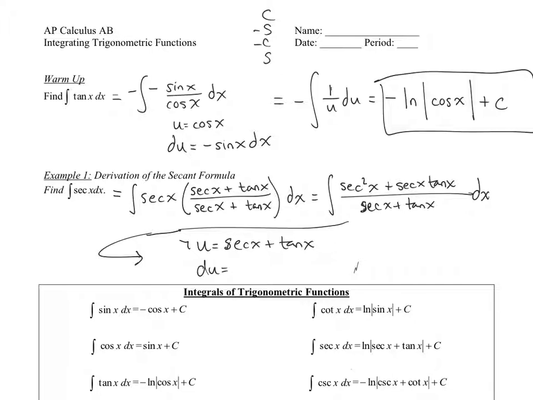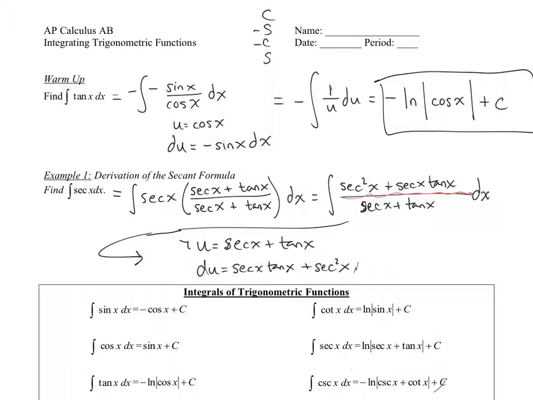What's the derivative of the secant of x? So, right, that's secant x tangent x. And then the derivative of tangent is secant squared. And oh, look how nicely that works out. That's that top value here, right? So we have a perfect u substitution.